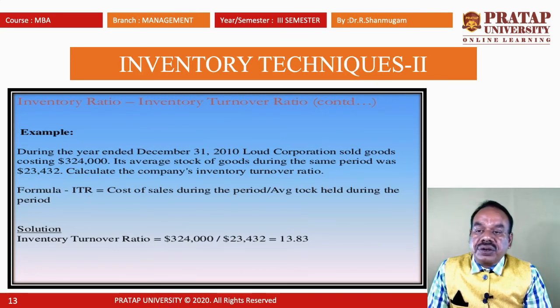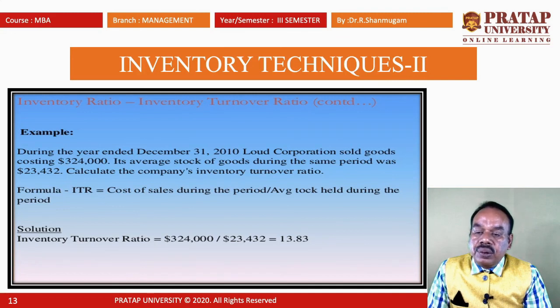Inventory turnover ratio. Example: during the year ended December 31st, 2010, Loud Corporation sold goods costing $3,24,000. Its average stock of goods during the same period was $23,432. Calculate the company's inventory turnover ratio.